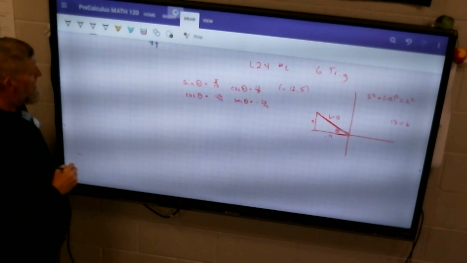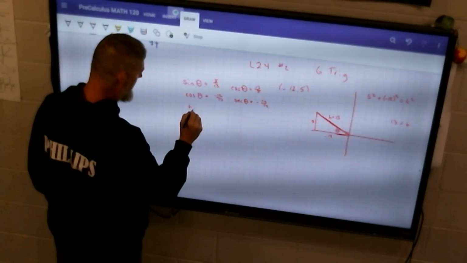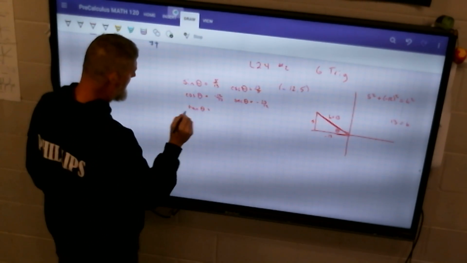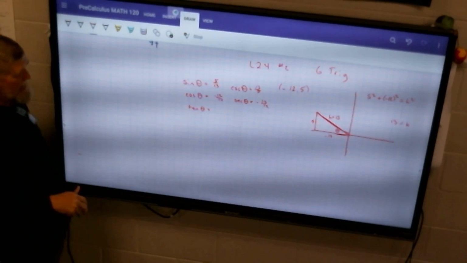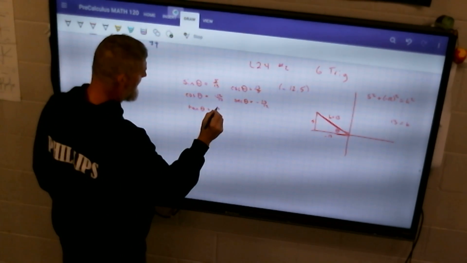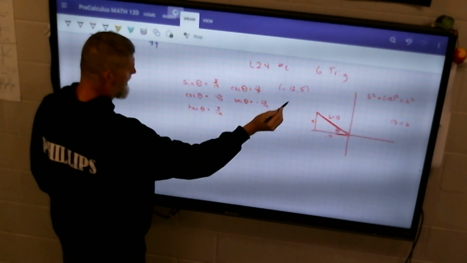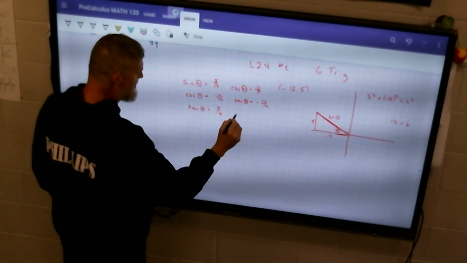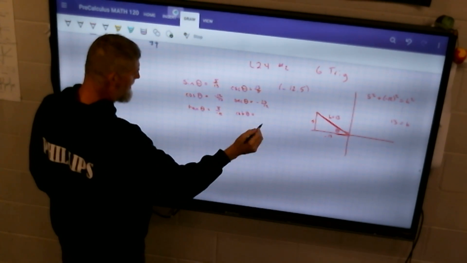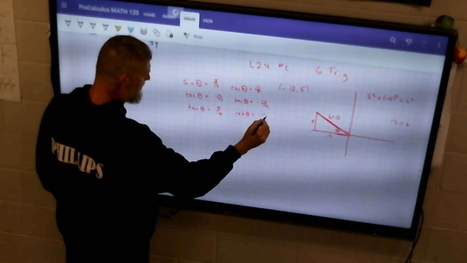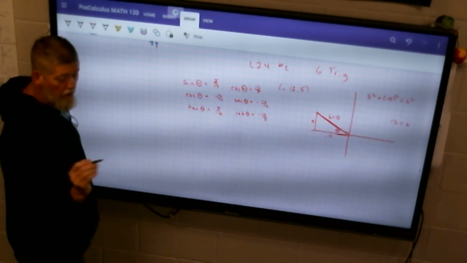Yep. Okay, and the last one, tangent of theta. 5 over negative 12. Yep. 5 over negative 12, which you can get from your sine over your cosine. So then your cotangent of theta is going to be the reciprocal.